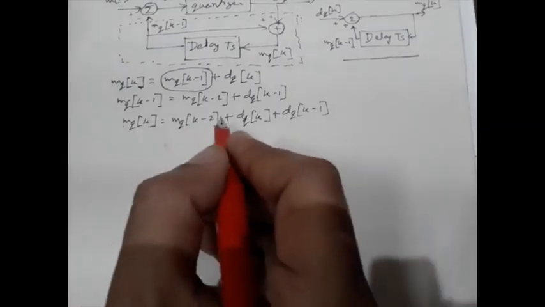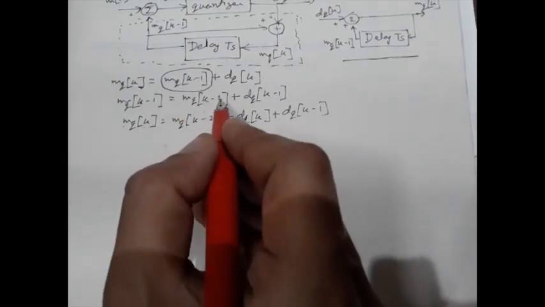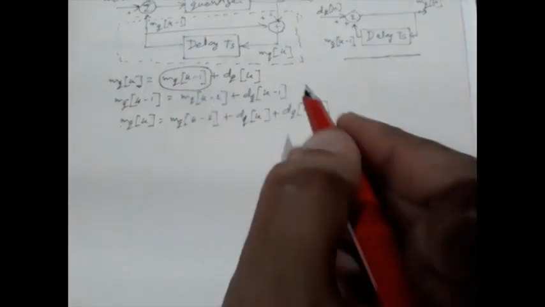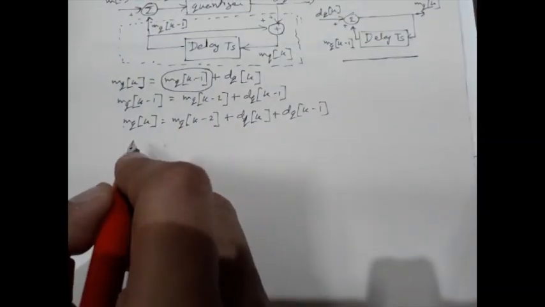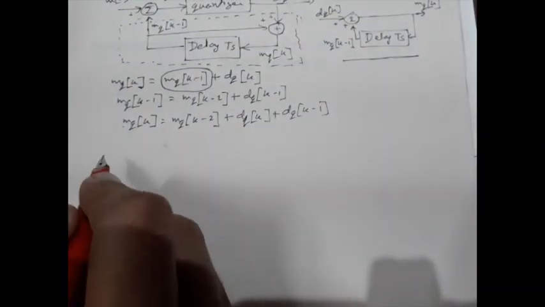Now if we proceed further, putting k equal to k minus 2, k equal to k minus 3 and so on, ultimately we will get m0.